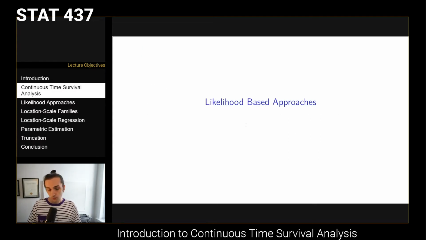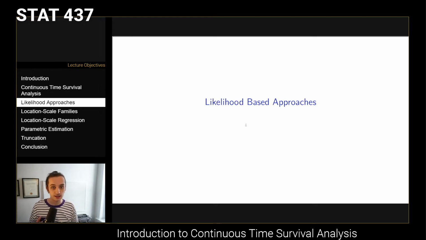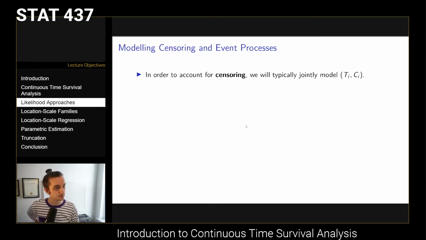Given everything that we have here, the approach that we're generally going to be using in the continuous time case is this likelihood approach. There are non-parametric methods that don't rely on likelihood, and there are non-parametric methods that stem from a non-parametric likelihood, but we're going to rely on parametric likelihood approaches to survival analysis.